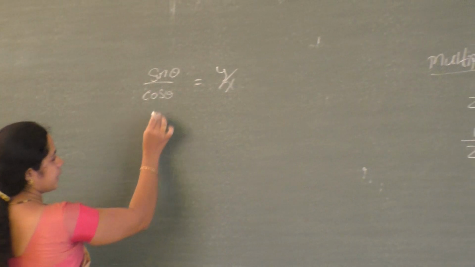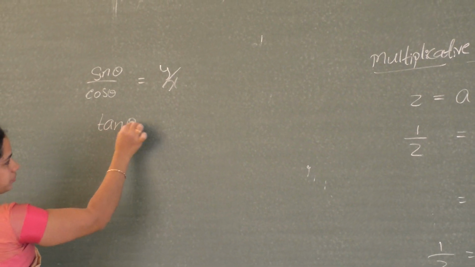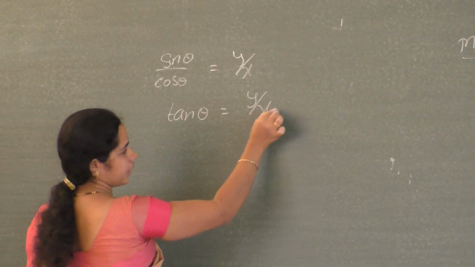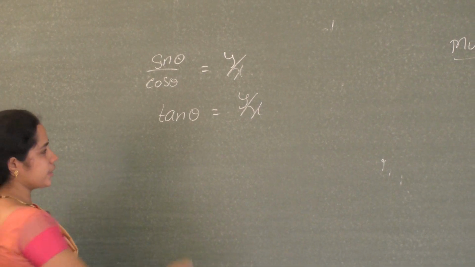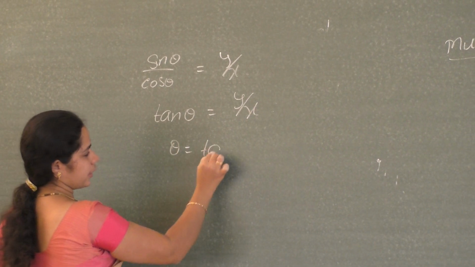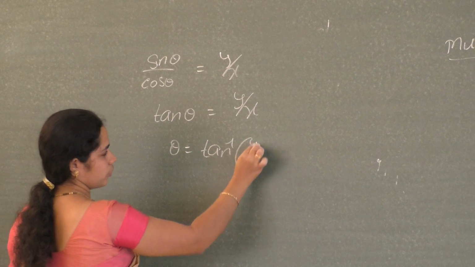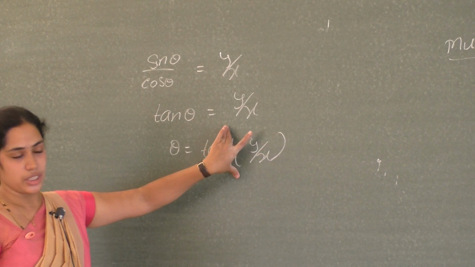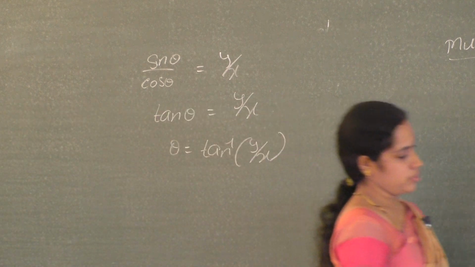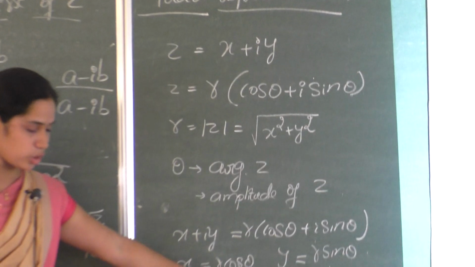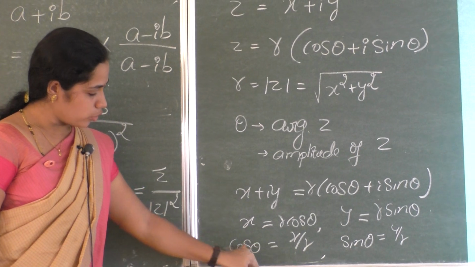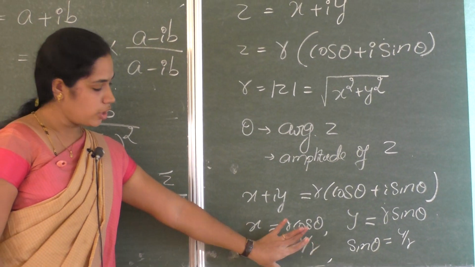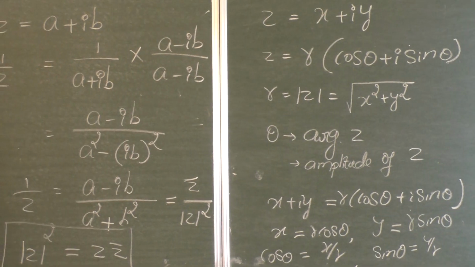Now sin theta by cos theta is tan theta. Tan theta is equal to y by x. What is theta? Theta is equal to tan inverse of y divided by x. We can use this relation also, or we can use cos theta is equal to x by r, theta is equal to cos inverse of x by r. You can use this one also.